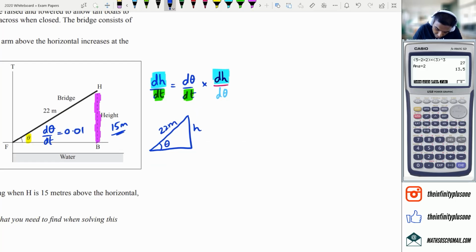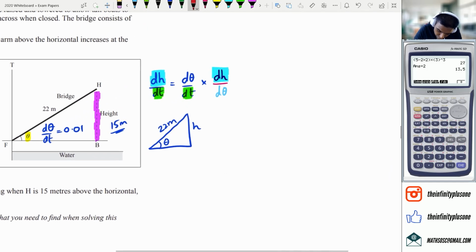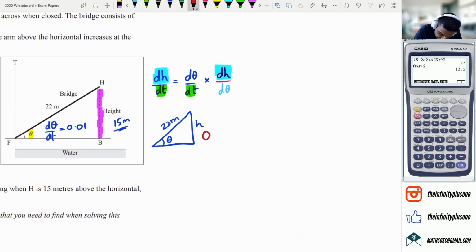So the first thing we're going to do is rewrite this. I know h is there and it's going to be confusing for people, but if you think about it, this is actually opposite, and this is your hypotenuse. So you're actually using sine. Sine theta is equal to opposite over hypotenuse.